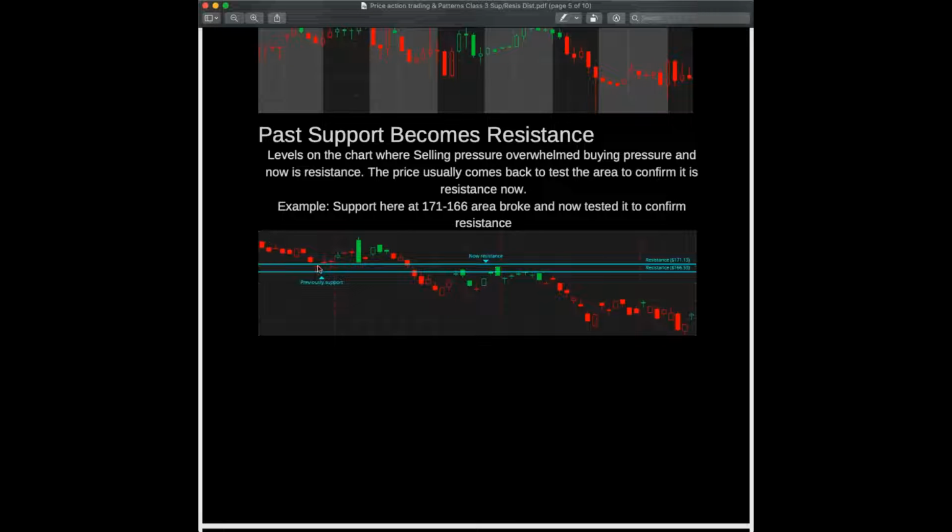Now here, it bounced on that support, and it was a small bounce, and then it broke through, and then it came back, tested that resistance, came back, tested that resistance, came back, and then confirmed it's down. So that became resistance down. As it was support, it became resistance, and it confirmed it.